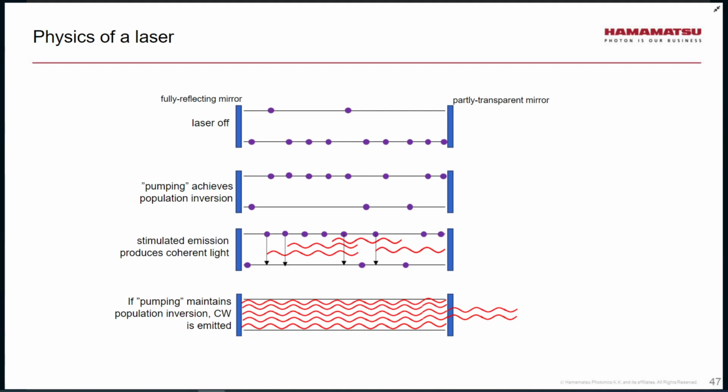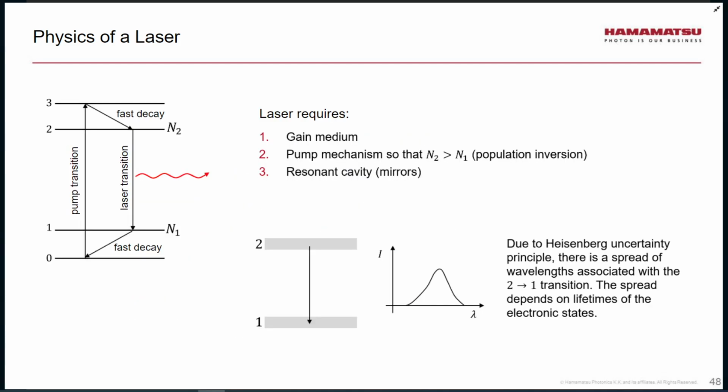Because of the stimulated emission, the photons that are emitted are coherent, and this is how a laser's light acquires coherence. And if this pumping is maintained, in other words, as electrons go down, I keep putting them back up, so I keep pumping, I can produce a stream of light emerging from the laser. That will be a continuous wave laser. Later, I'll discuss how we can get pulsed light from a laser.